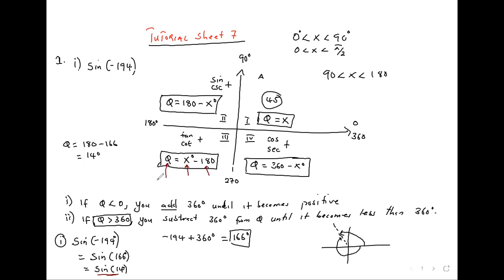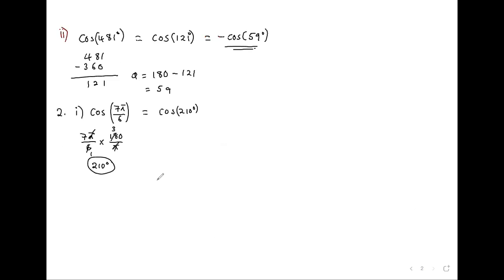So from 210, we'll subtract 180 and get 30 degrees. Now, because cos is negative in the third quadrant, this is going to be the same as negative cos 30. But cos 30 is √3 over 2. So we have found the value of cos 7 pi over 6.